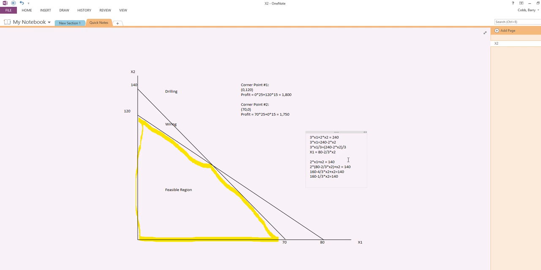We need to subtract 160 from both sides of the equation. That leaves negative 1/3 x2 equals negative 20. Now to solve for x2, we simply multiply both sides of this equation by negative 3. This gives x2 equals 60.